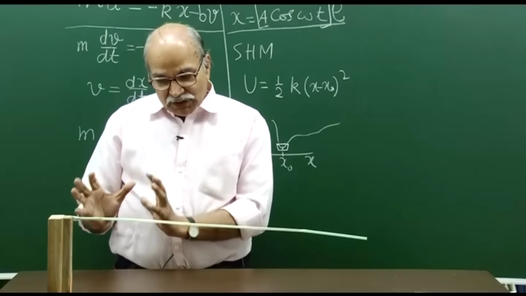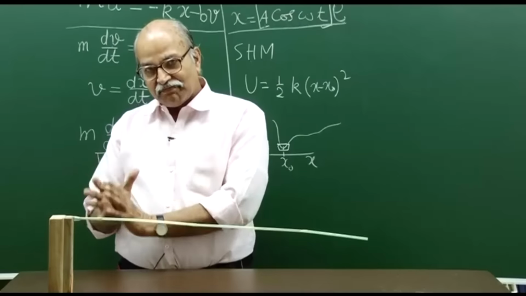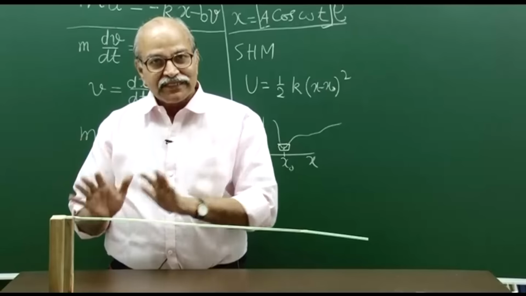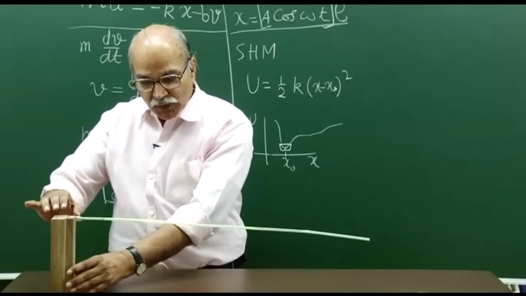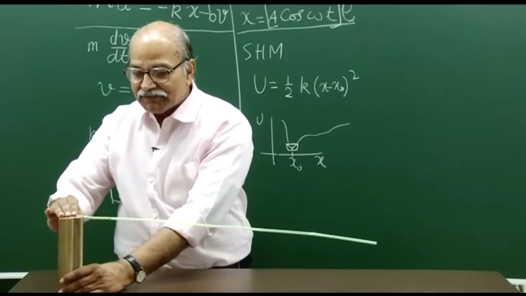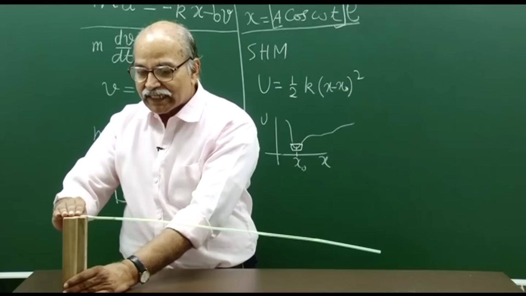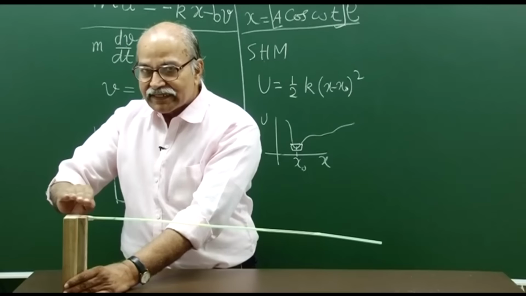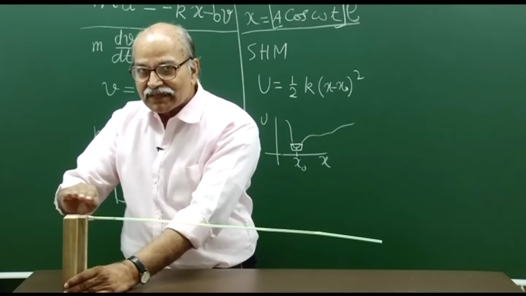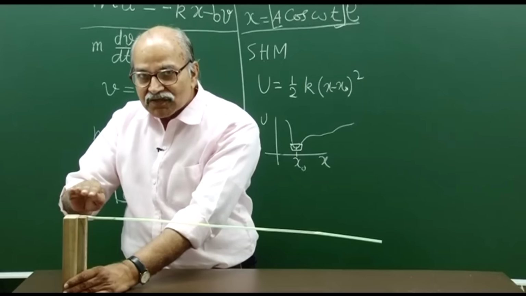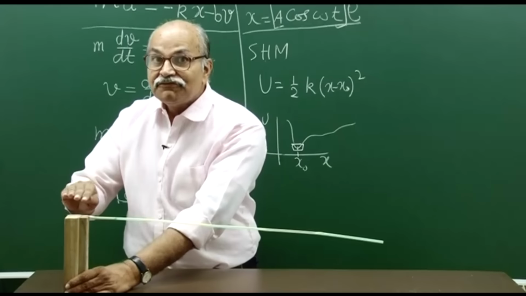Now, what I want to do is to apply an external periodic force on this oscillating system. For that I will just hold it here and give a small angular motion to this block, and just by adjusting the way I am pushing this block this side and that side, I will try to make that force periodic with a certain frequency.